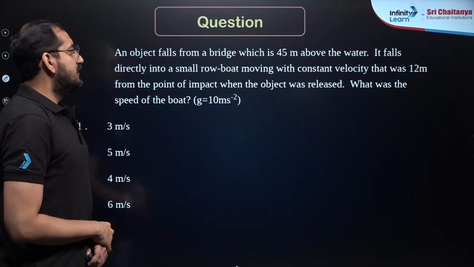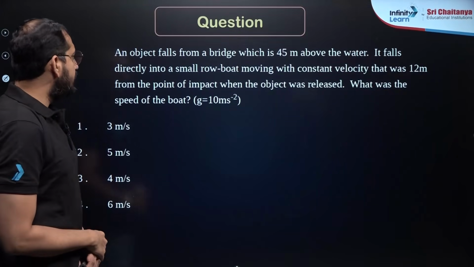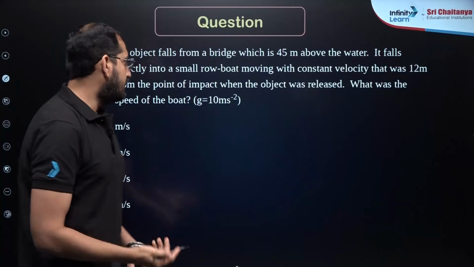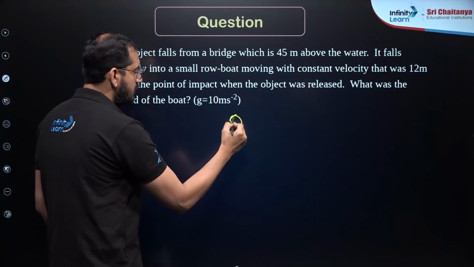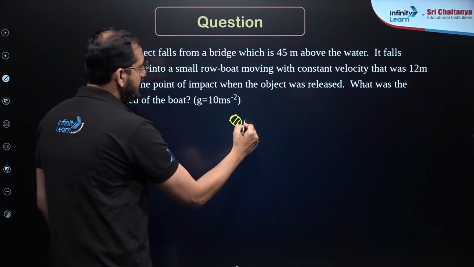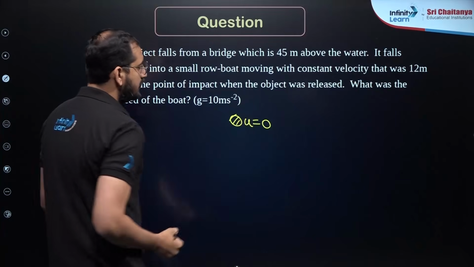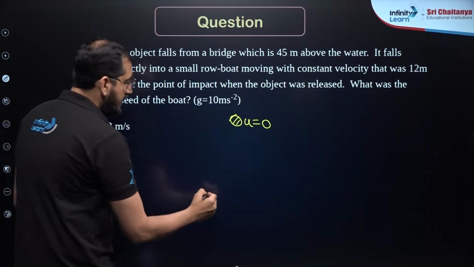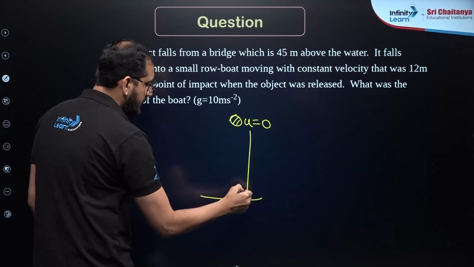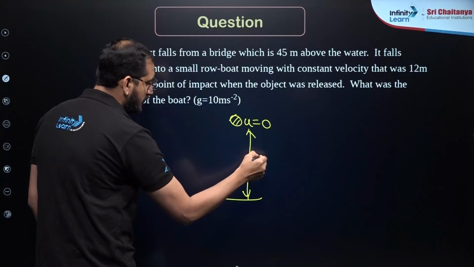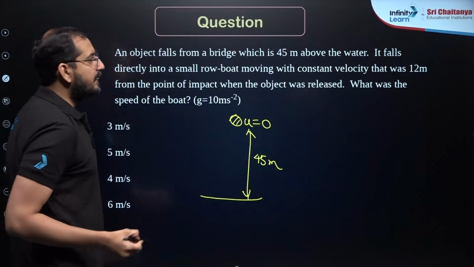All right. This question says that there's an object which is falling from a bridge. So let us suppose this is the object, okay? And it's falling, it means initial speed is equal to 0. And it is at a height of 45 meters from the water surface.